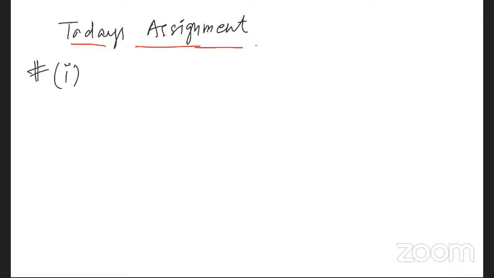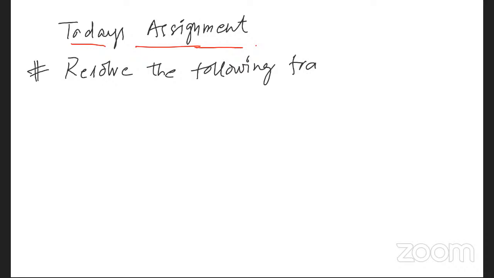You can consider this as: resolve the following fractions into partial fractions.